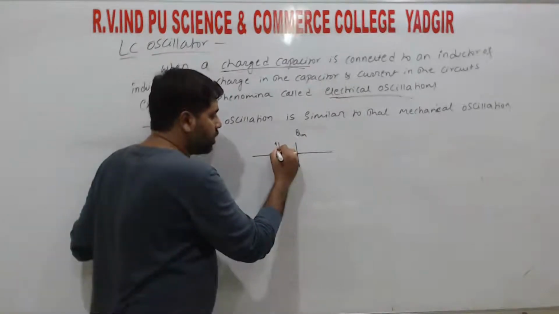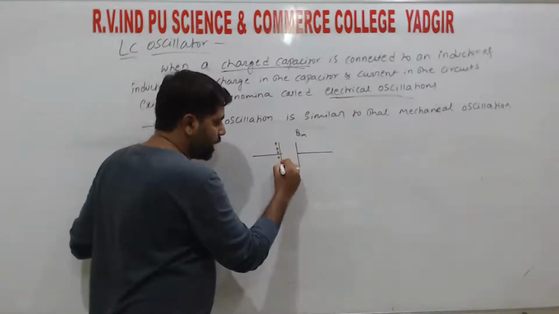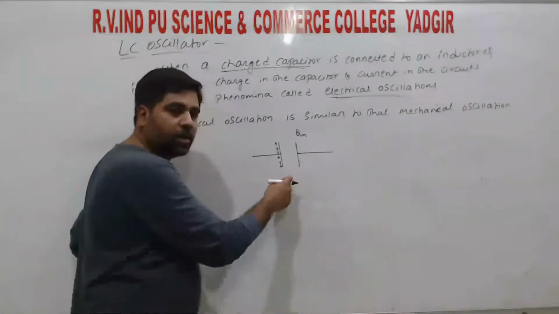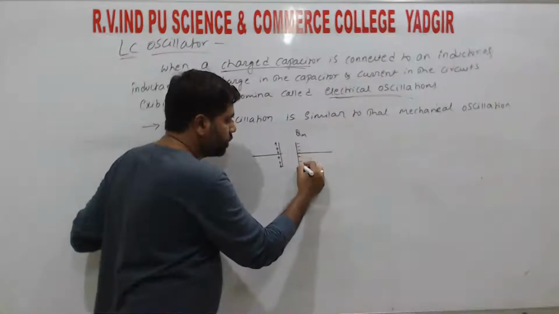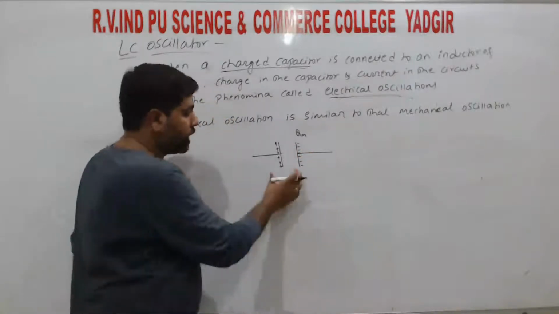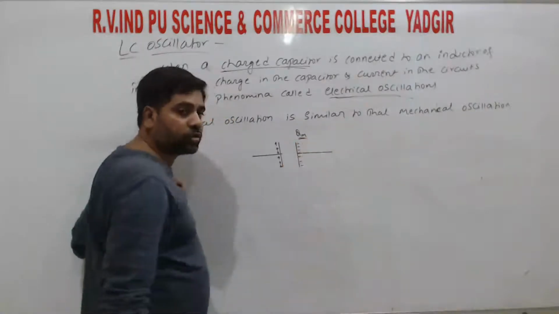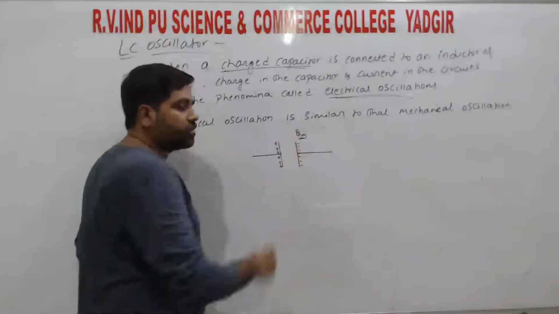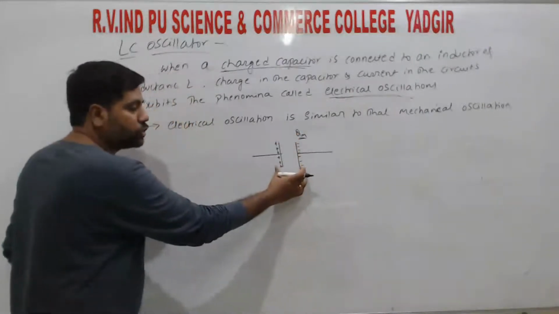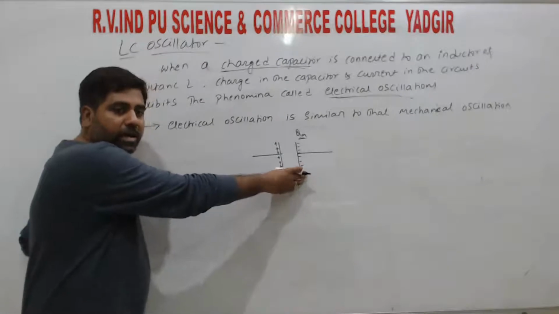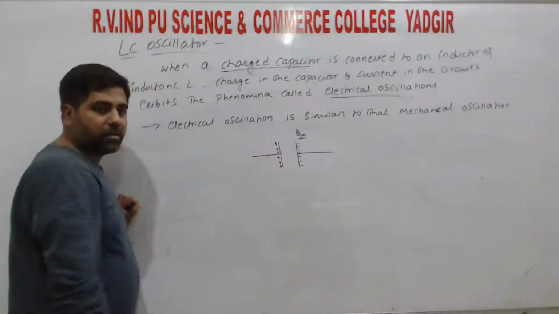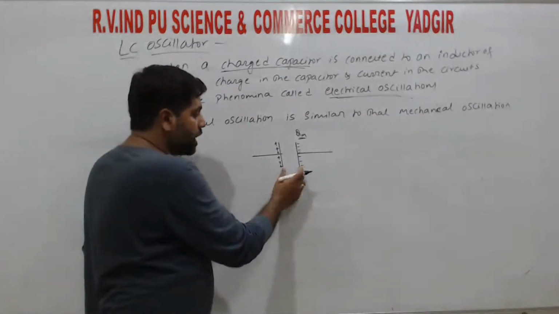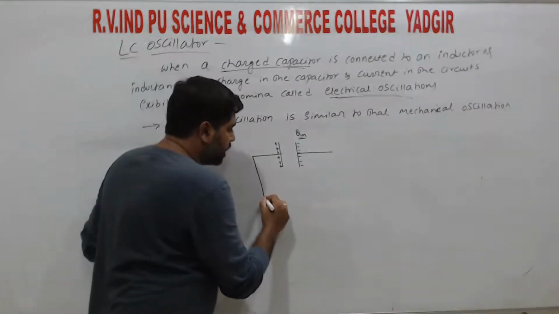In a parallel plate capacitor, one plate is positively charged and the other plate is negatively charged. Qm is the charge stored in the capacitor, right? That capacitor we call the charged capacitor. So this charged capacitor is connected to the inductor.